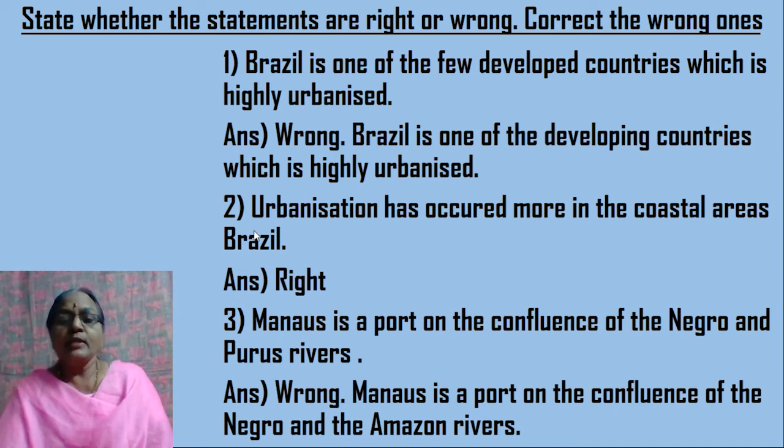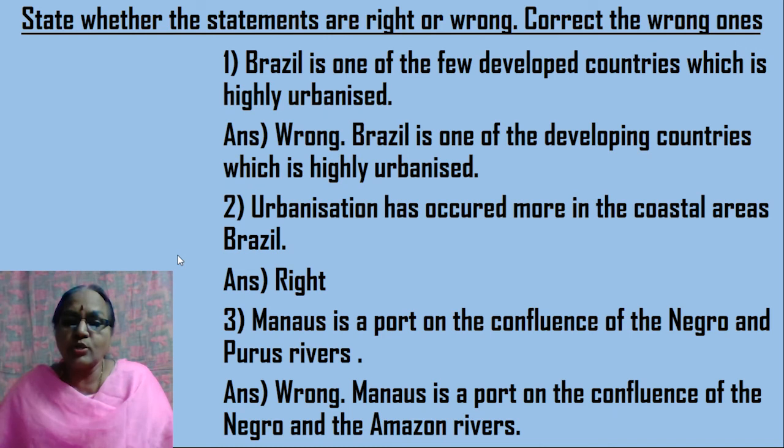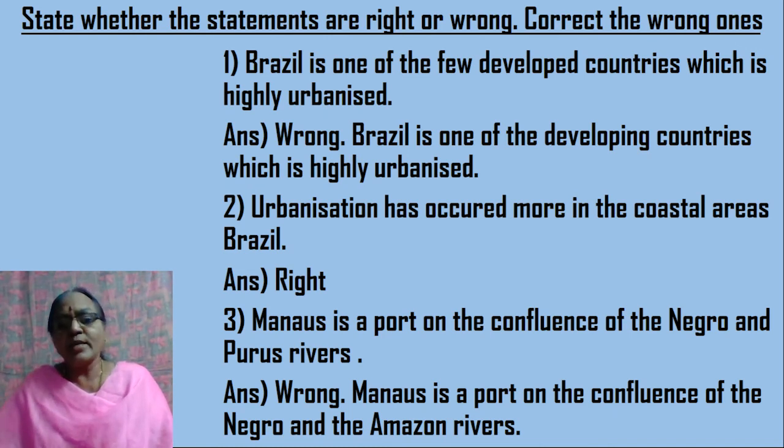Now, second one, urbanization has occurred more in the coastal areas of Brazil. Children, say whether it's right or wrong. It is a right statement. Urbanization has occurred along the coastal areas of Brazil more than along the interior parts of Brazil.